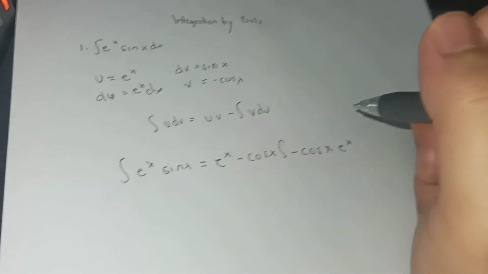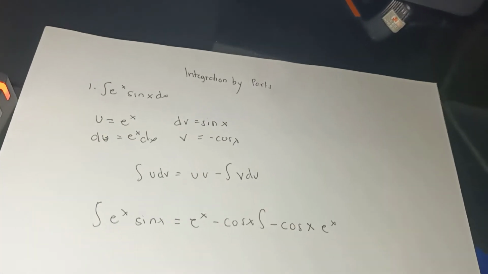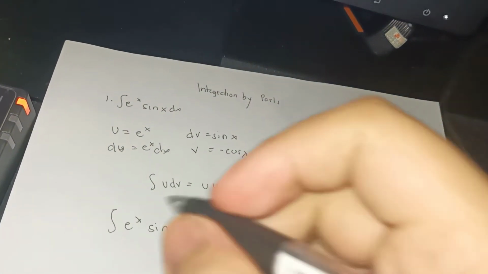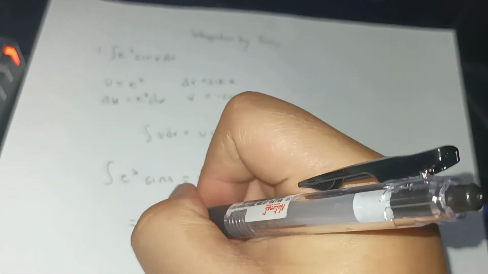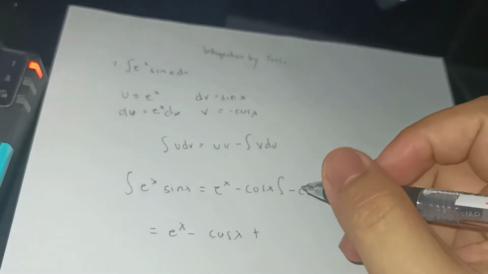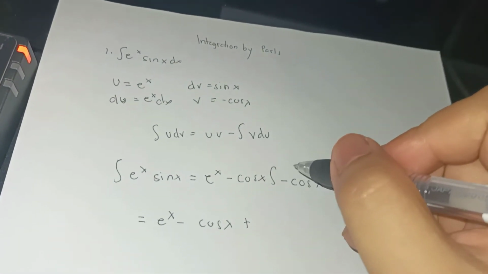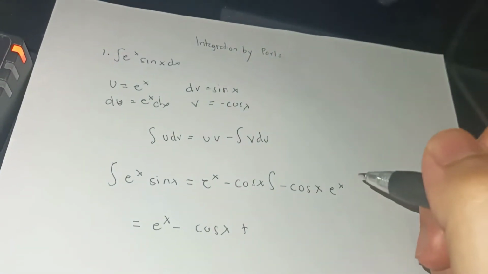To simplify this, the only part we need to take is this part here, so we just bring this down: e^x times negative cosine x plus, since it's a double negative, it became positive.